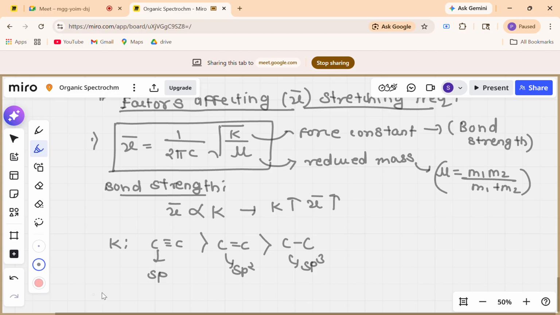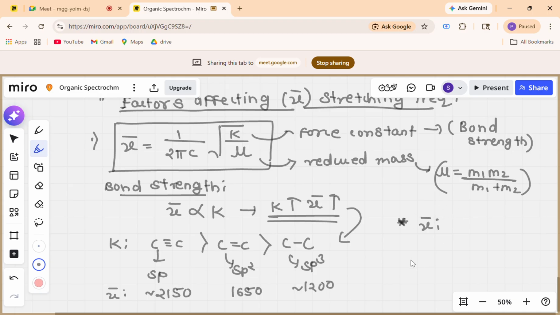This carbon is sp hybridized, sp2 hybridized, and sp3 hybridized respectively. The corresponding stretching frequency values: the triple bond will be around 2150 centimeter inverse, the doubly bonded carbon around 1650, whereas a single bond will give a frequency around 1200 to 1100. That's the conclusion we can get just by seeing the formula. So higher the force constant, higher will be your stretching frequency.